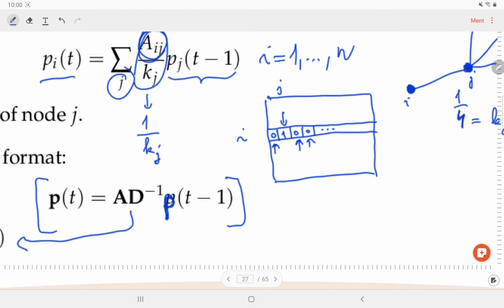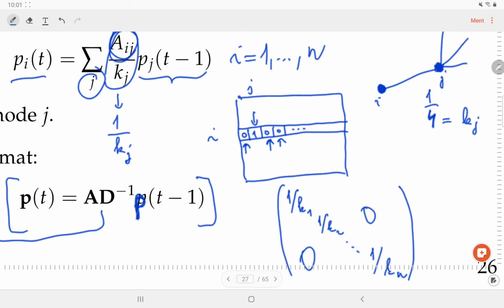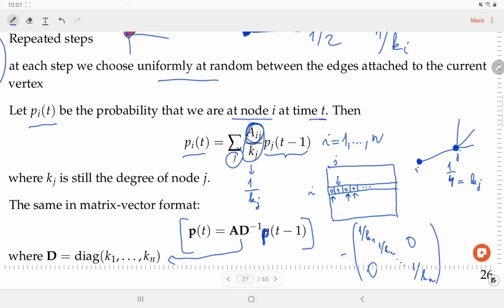So this matrix has 1 over k1 as a first entry, 1 over k2 as a second entry, and so on, up to 1 over kn, and 0 everywhere else. If we multiply the adjacency matrix with this D inverse, it has the same effect as the division written up here.